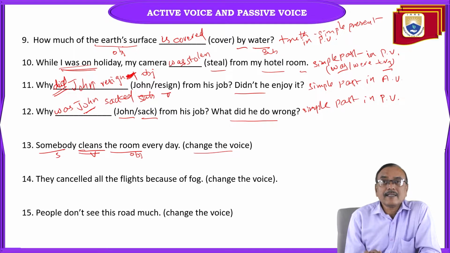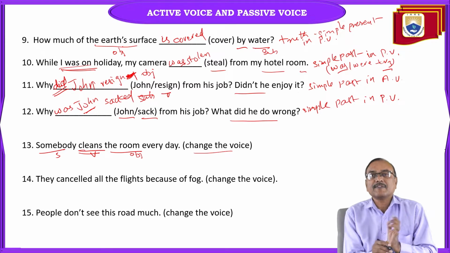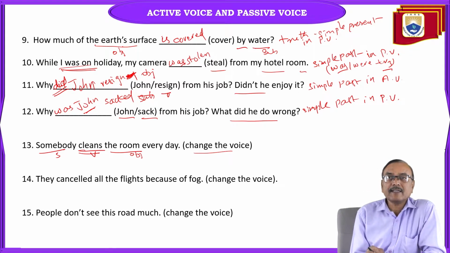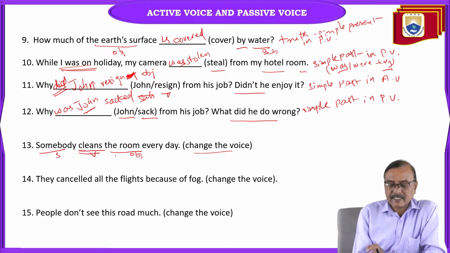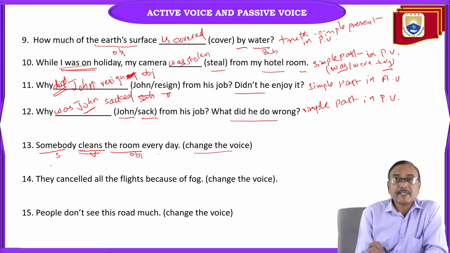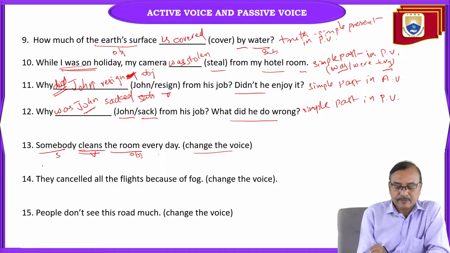Somebody cleans. So the subject is somebody. And cleans what? Room. Room is the object. So then think of the order of sentences in passive voice. This is in SVO order. This is in active voice. Now change it into passive voice. So now bring the object first, the room.